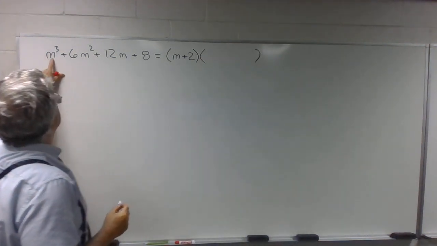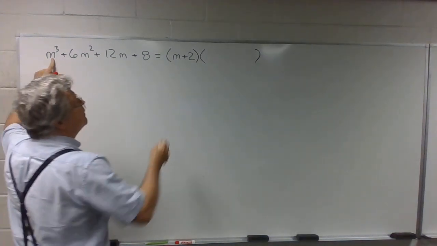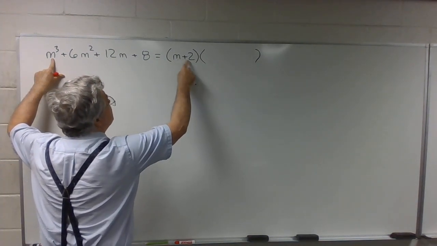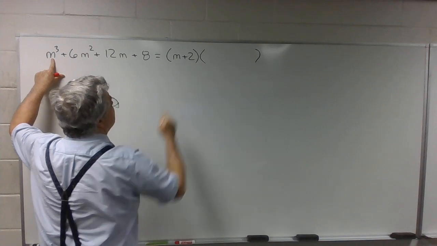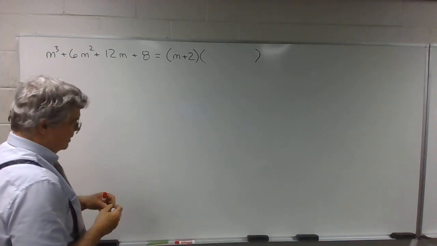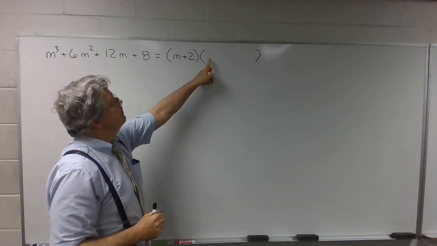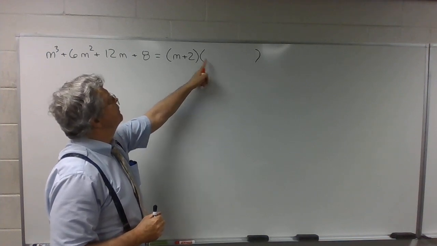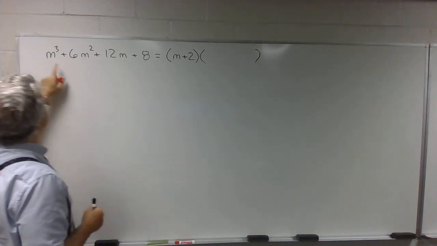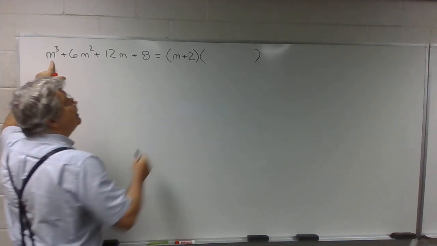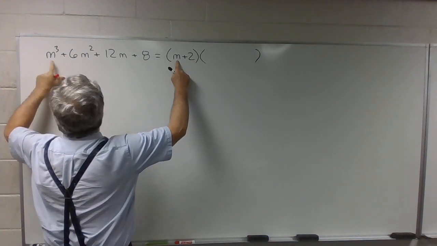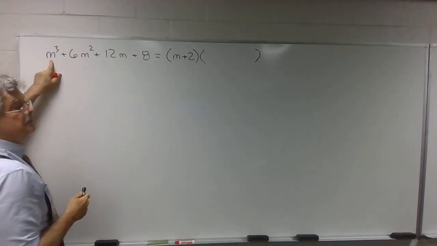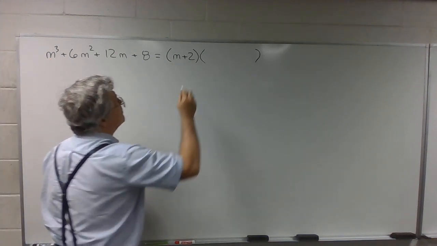Now we're trying to get a third degree polynomial. So what we're going to have is m plus 2 times a second degree polynomial. So we got something times m squared here. Whatever we have here has to multiply by m to give us m cubed. So what times m gives us m cubed? It's got to be m squared.